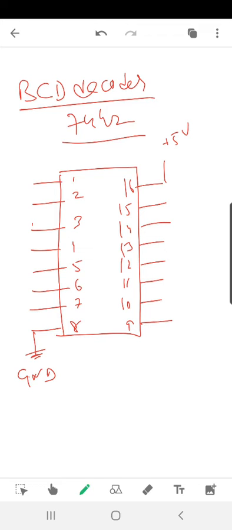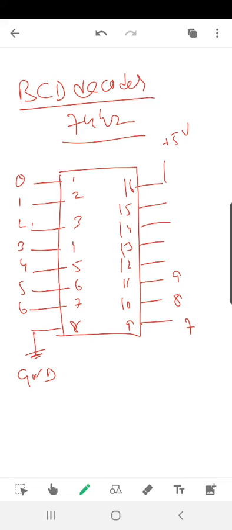Now pin number 1 represents output 0, then outputs 1, 2, 3, 4, 5, 6, 7, 8 and 9. So pins 1, 2, 3, 4, 5, 6, 7, 9, 10 and 11, these 10 pins will be used as our output.